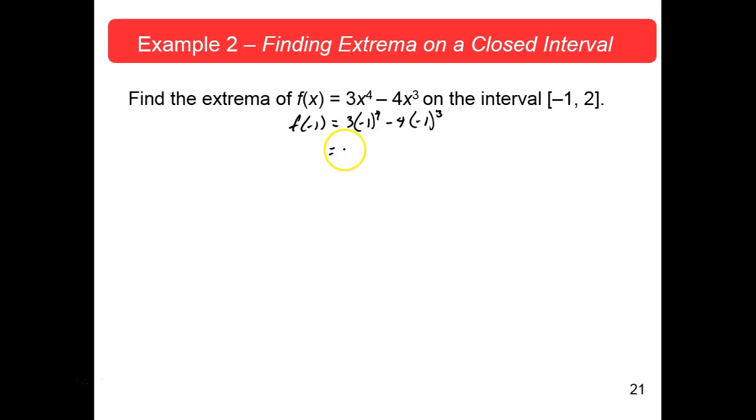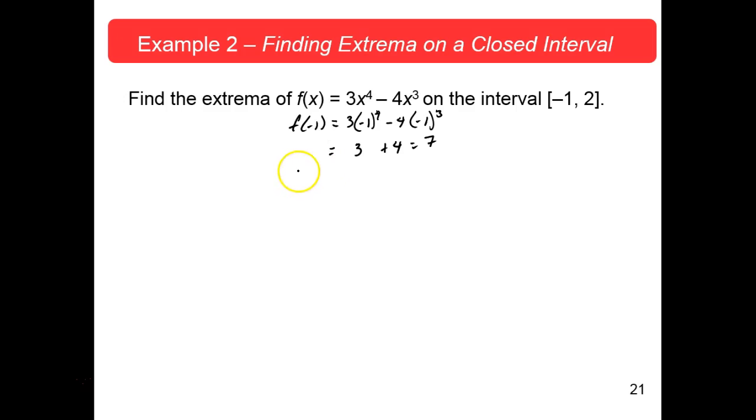Okay. What is -1 to the 4th power? +1, so that would be 3. And what's -1 to the 3rd power? -1 times -4 is +4, so that would be 7. So we found the left end value.